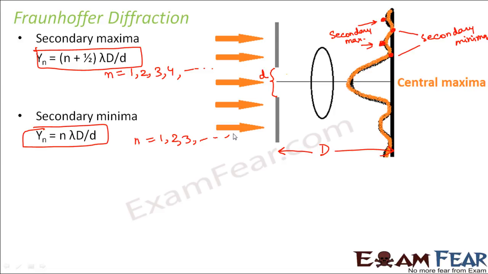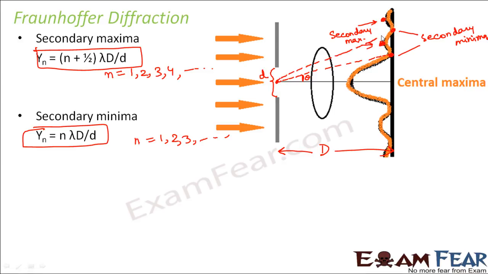Now, in case you come across questions about the angular position of secondary maxima or minima, what do you do? From the center of the slit, if you draw a line to, let's say, the first secondary minima, this angle theta gives you the angular position of the first secondary minima.